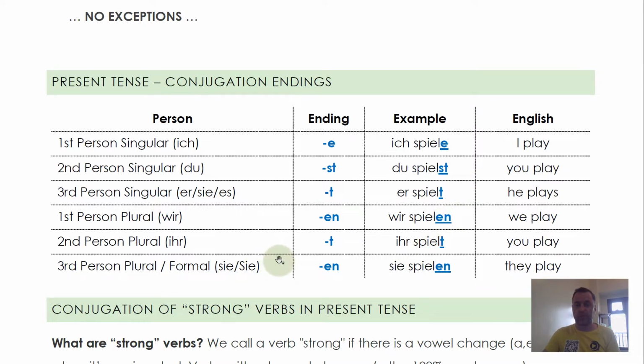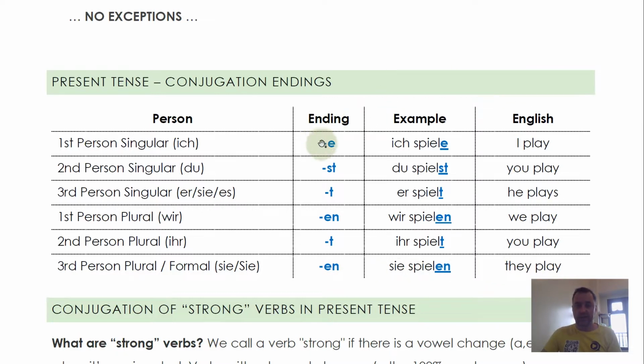First person plural, so wir spielen, EN. So that actually stays the same. Second person plural, ihr, so the plural you, ihr spielt, just the T. And third person plural, they, or the formal version that doesn't exist in English, is again back to EN.